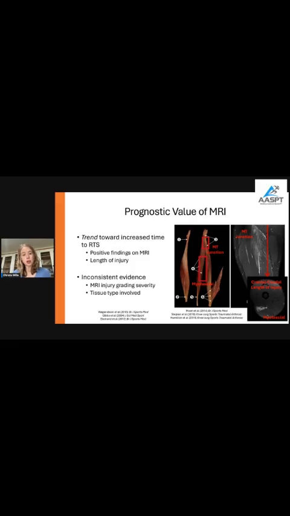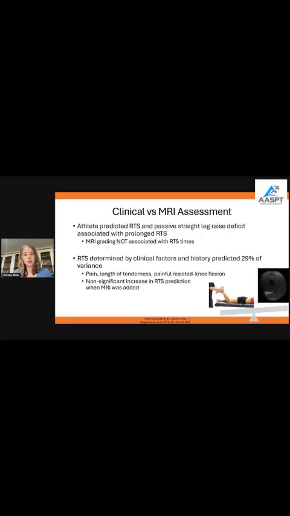There's a trend towards some positive findings with increased length and the exact tissue involved at the time of injury, but some of that evidence is inconsistent. So use caution if you happen to have a time of injury MRI in that image's ability to serve as a prognostic indicator. In fact, there's been some interesting research showing that clinical assessment may be just as predictive of return to sport time as that MRI assessment.